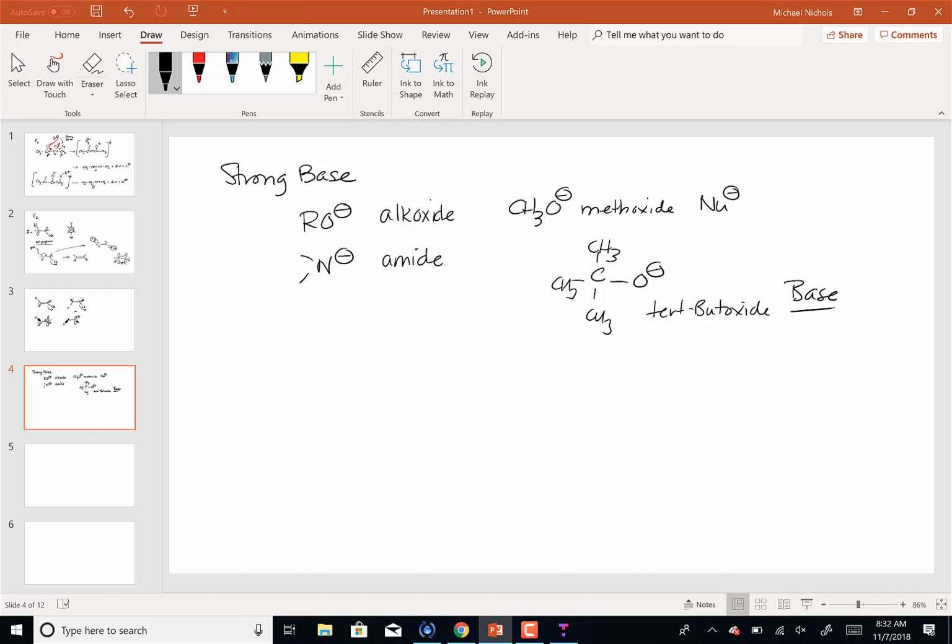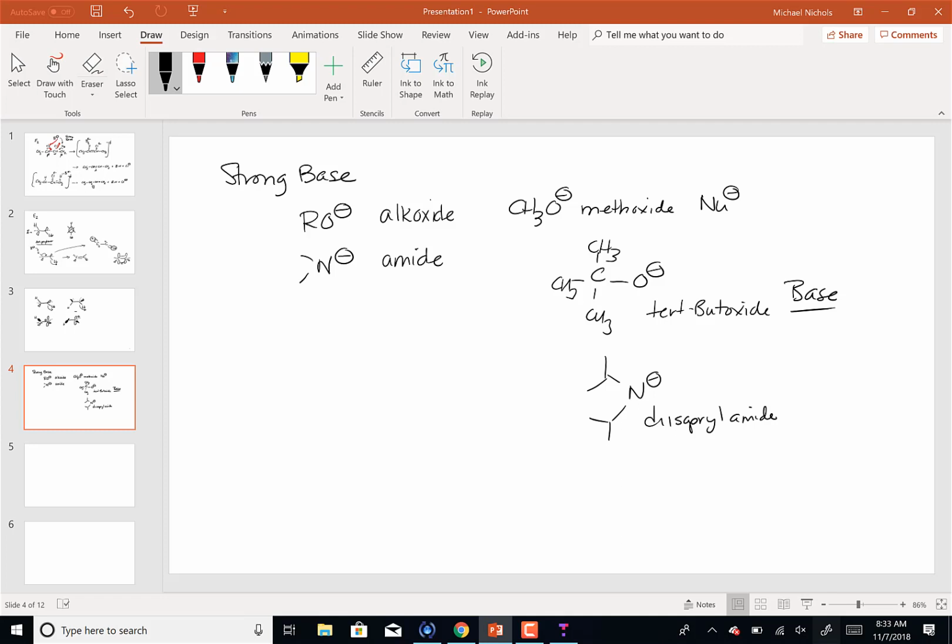And there are some other sterically hindered amide bases that you can use. I don't know if they show them in the book. The state-of-the-art ones are things like this. This is called diisopropylamide. And the counterions are not important. Well, they are important, but not in this class.